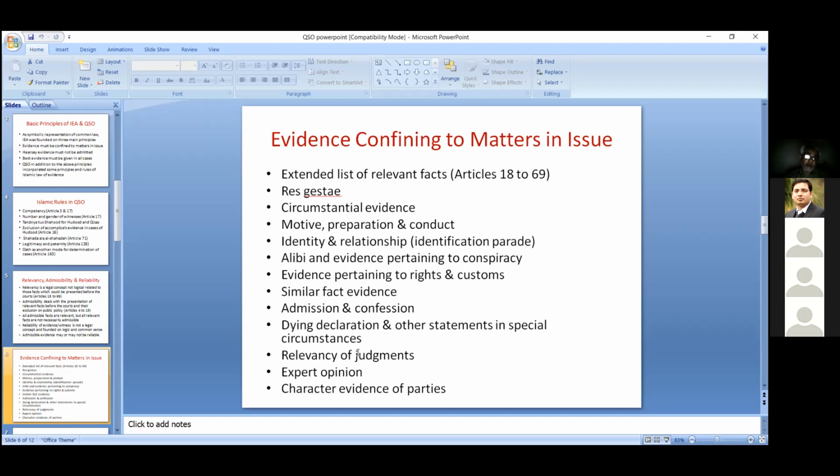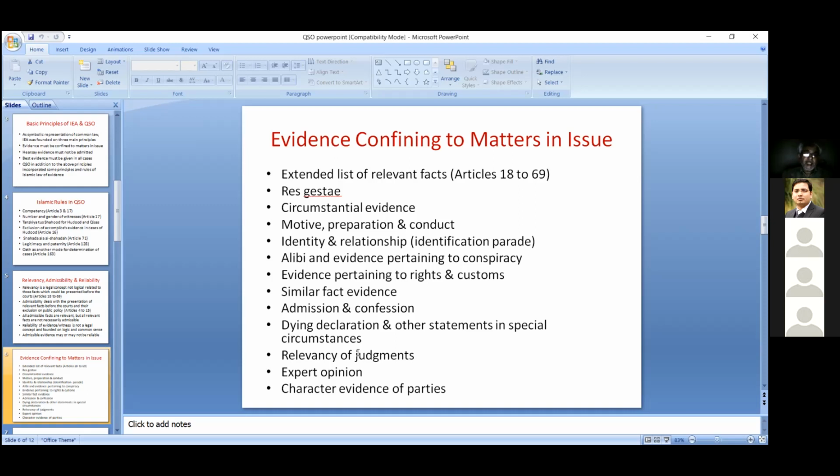There are provisions from Article 30 onward to 45 dealing with admission and confession, dying declaration Article 46, and some other kinds of statements mentioned in Article 46, and then relevancy of judgment, expert opinion from Article 59 onward to 65, and then character evidence 66, 7, 8, 9. These are the provisions in which pieces of evidence have been pinpointed and specified, which can be produced as relevant pieces of evidence in the court.